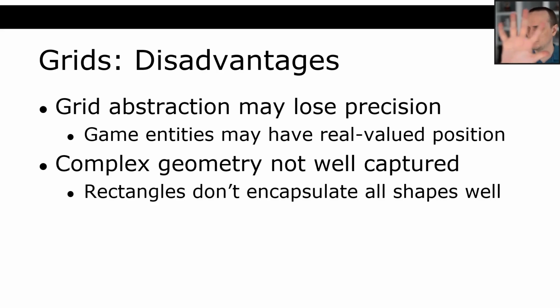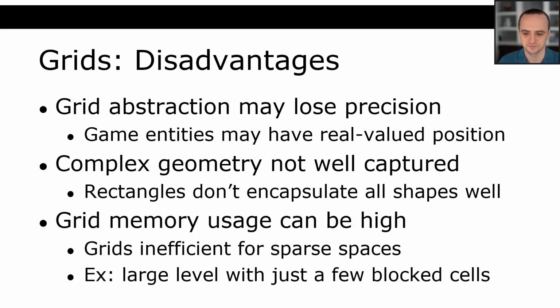So for example, if you use my hand as a shape, there are spaces in between my fingers, right? Where a bullet might be able to go if we're talking about physics. But if we had a grid-based system, it would completely lose all of that sort of detail. And so we want to use grids on these sort of high-level, less precision calculations like pathfinding versus like bullet physics and stuff like that.